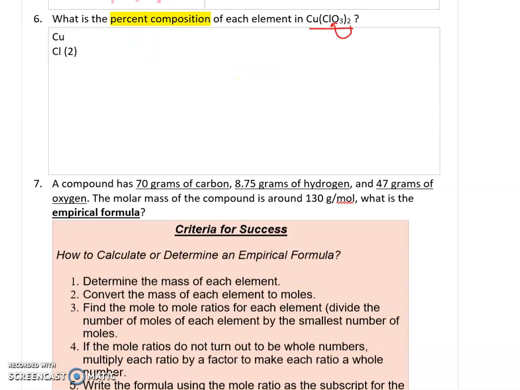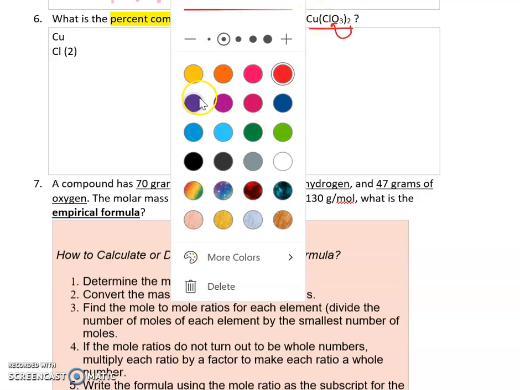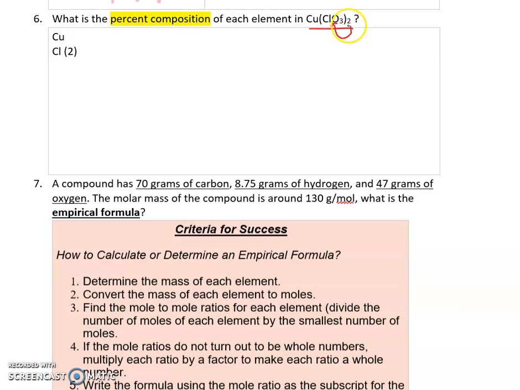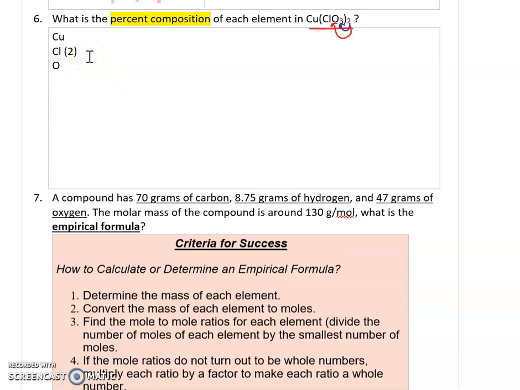And then that same little 2 is also going to multiply this inside subscript. So 2 times 3 is 6. So I have 6 oxygen atoms. All right.